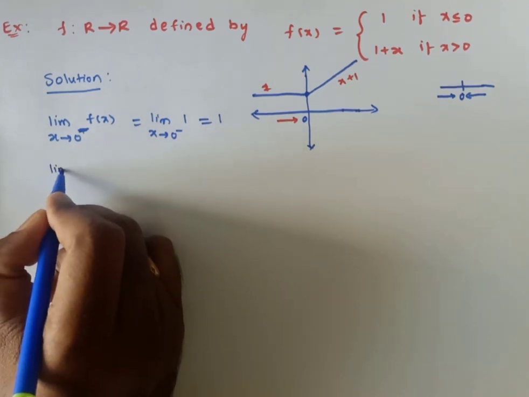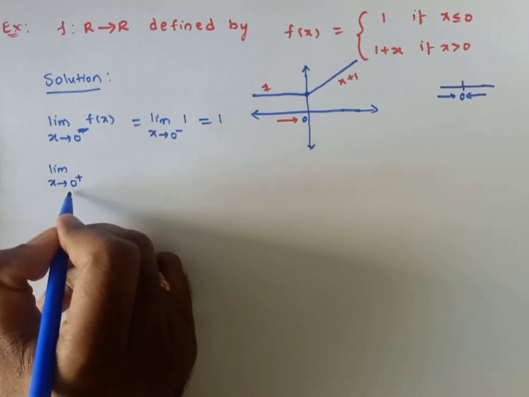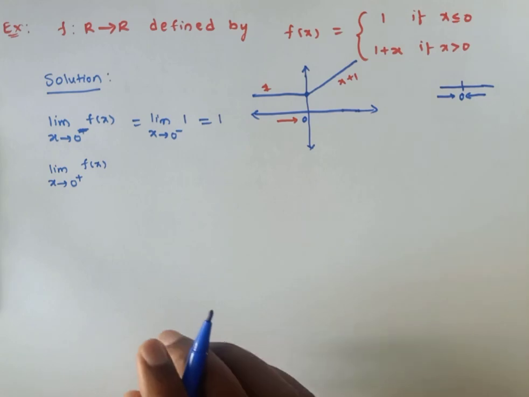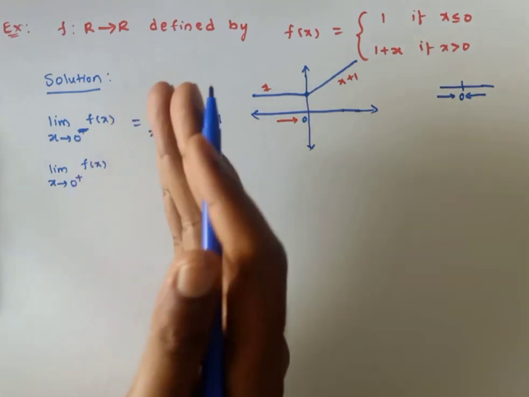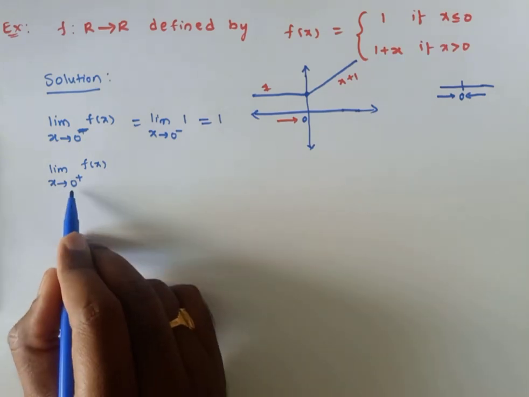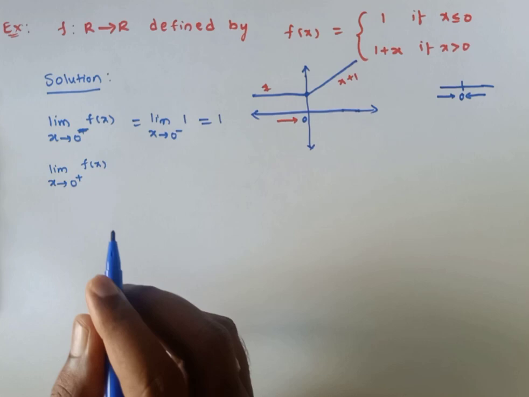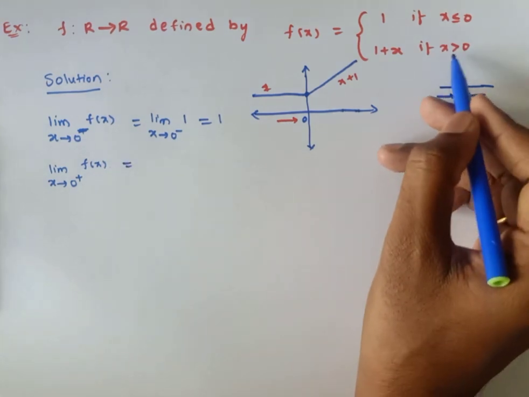Similarly, for the right hand side, x tends to 0, the right hand limit is denoted by 0 plus, of f of x. So 0 plus means a little bit more than 0, and 0 minus is nothing but a little bit less than 0. Now a little bit more than 0 means x greater than 0, right?